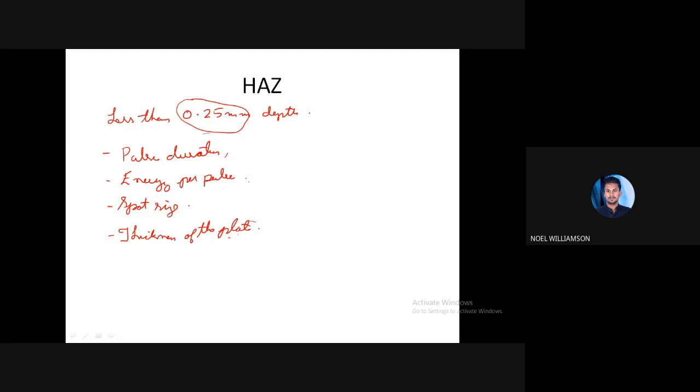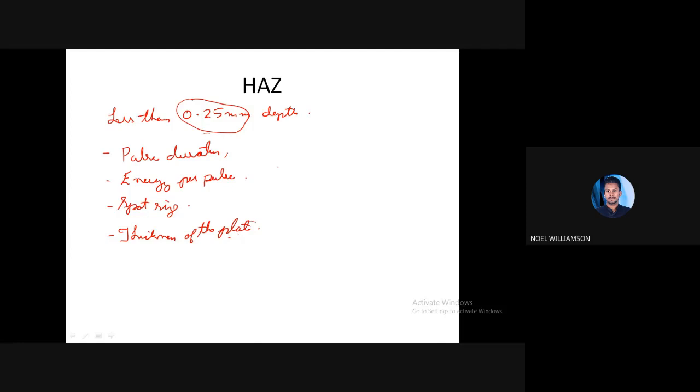Regarding the pulse duration, if it is less, that means the interaction time with the electron beam will be small, because the pulse duration is small. So only for a small period of time it interacts with the workpiece.